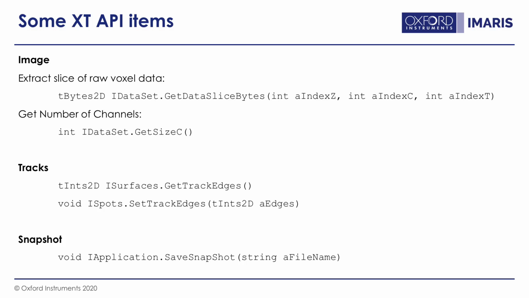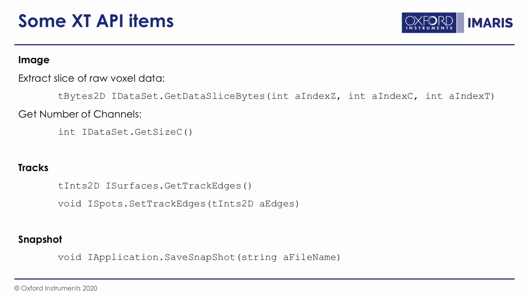So you can do a getTrackEdges on a simple data set, maybe with just 2 spots that are tracked, and you'll get back the structure. You can look at it, and then it's easy to find out how to define the structure to then call setTrackEdges.